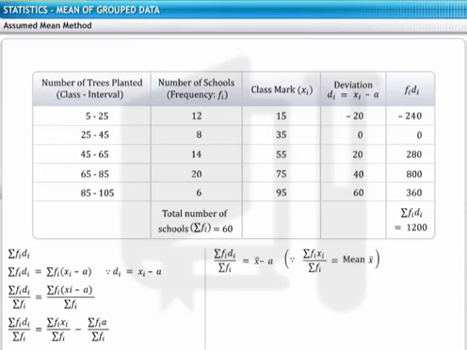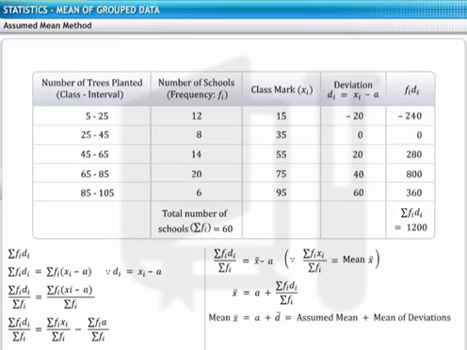Since summation fi xi divided by summation fi is equal to the mean x bar, let's rearrange the equation. Here, x bar is the mean, a is the assumed mean, and summation fi di divided by summation fi is the mean of deviations.